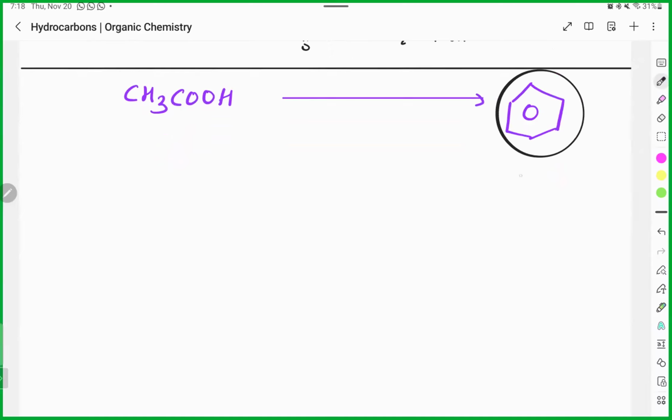You can make it either from the alkane, like hexane can produce this, or the second method is you can produce this from CH triple bond CH. Correct? How to make CH triple bond CH from this?